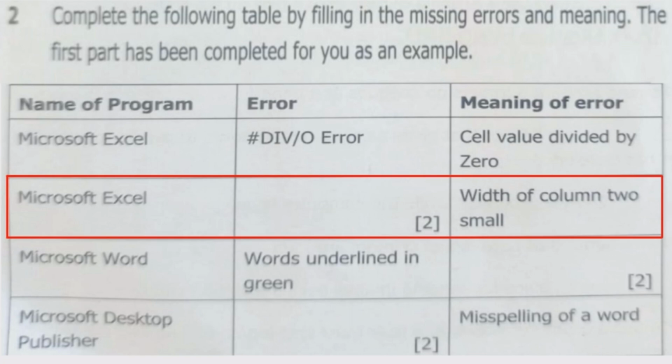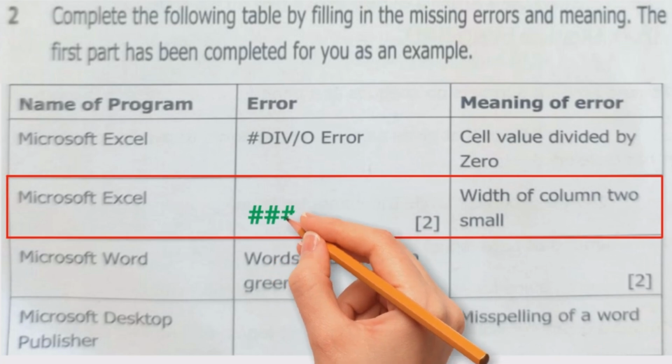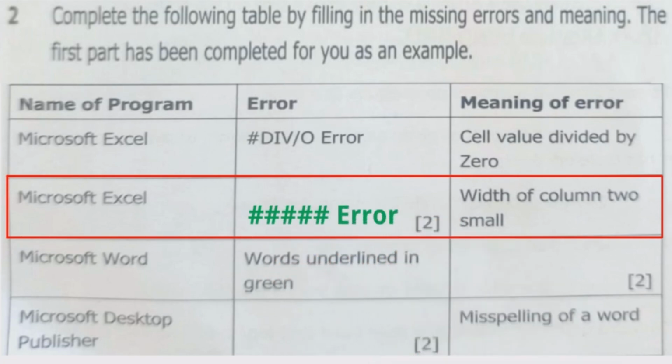Now when there is an error with width of column too small, what error are you going to see? What kind of error are you going to see on the computer? So the error is going to be like that, the one I've written in the box there. Once you write like that, then you have got 2 marks.